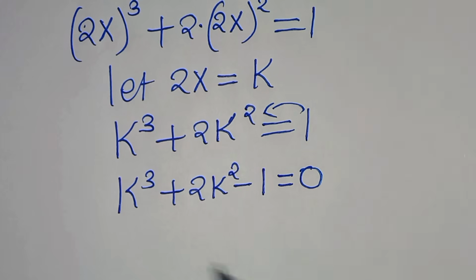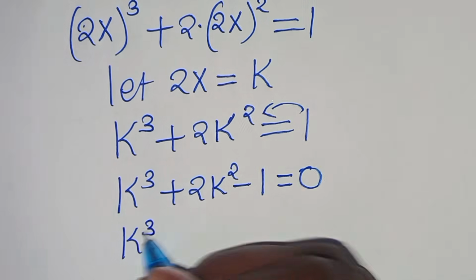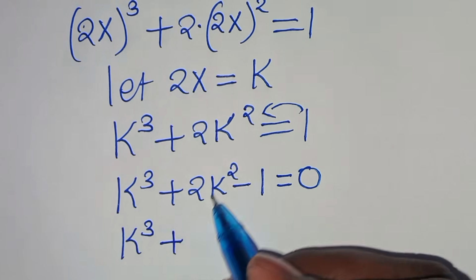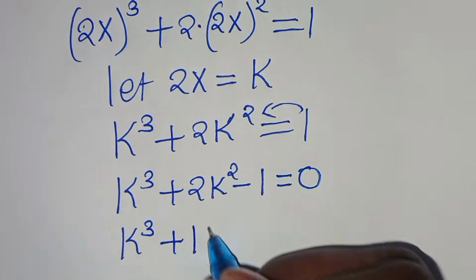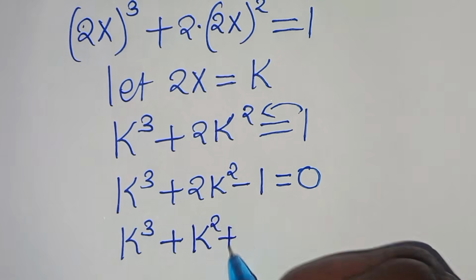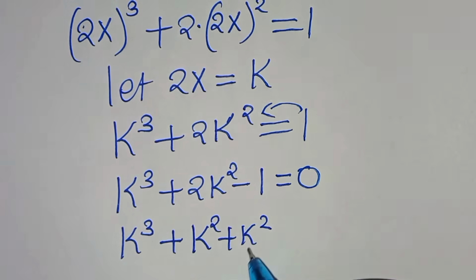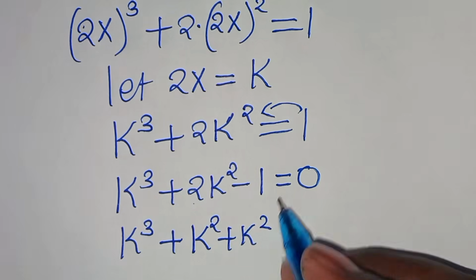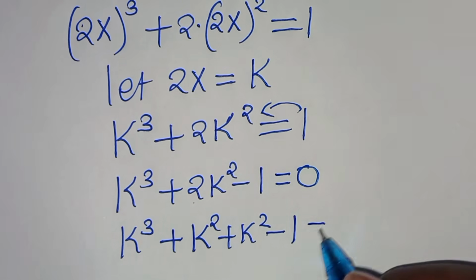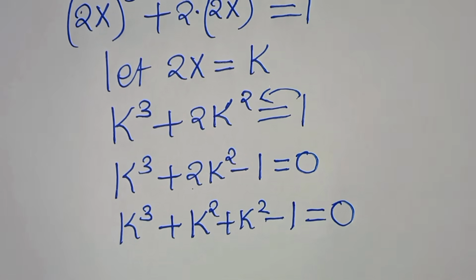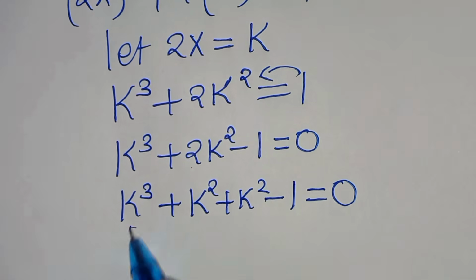The next step is that k to the power of 3 plus 2k squared is the same thing as k to the power of 3 plus k squared plus k squared, which is 2k squared. Then subtract 1, equal to 0. We have got two parts here.